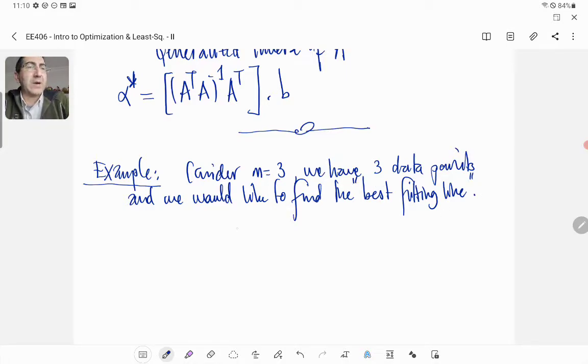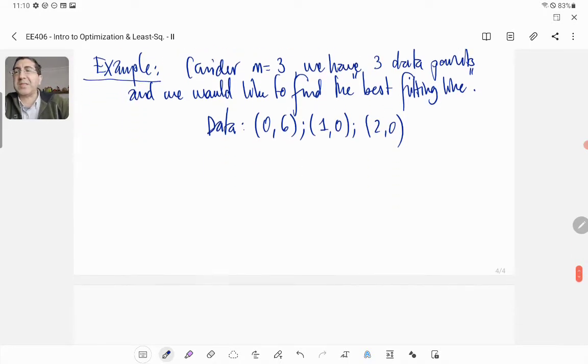Okay, what are our data points? We have 3 of them. We have (0, 6), (1, 0), and (2, 0). So let me plot these data points for you. What we have here is my X and here is my Y. I go up to 4, 5, 6 here.